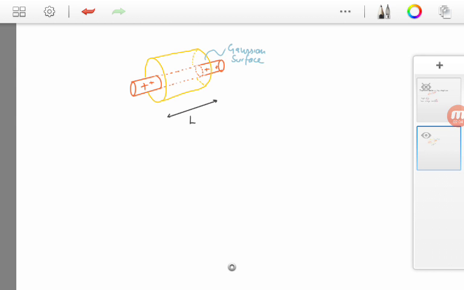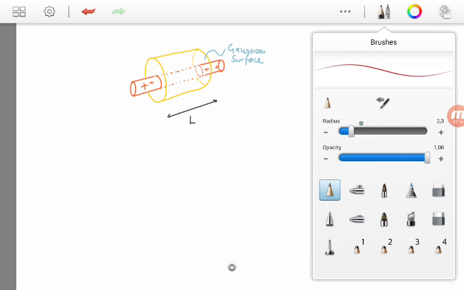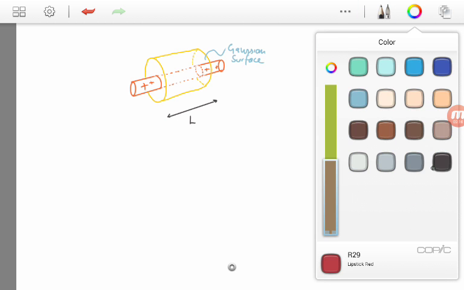There is a formula which relates the electric field, and that is Gauss's law. The formula goes like this.